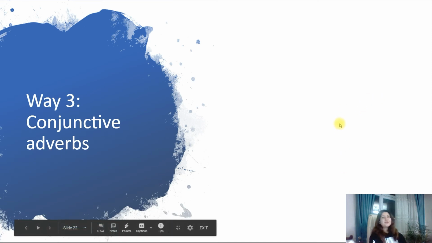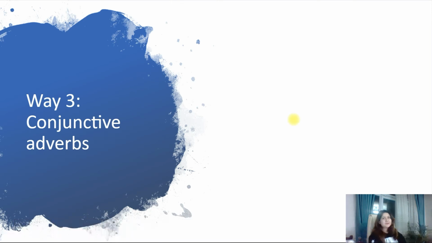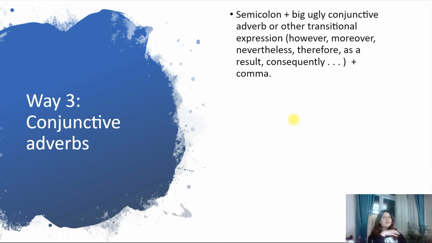So let me demonstrate the way we should connect basic sentences using conjunctive adverbs. The construction looks the following way. Independent clause, semicolon, conjunctive adverb, comma, independent clause.